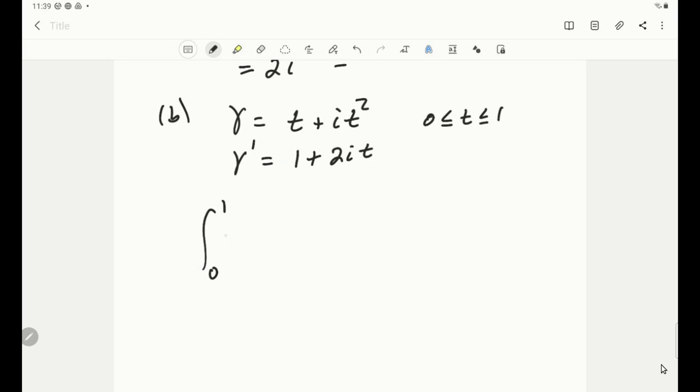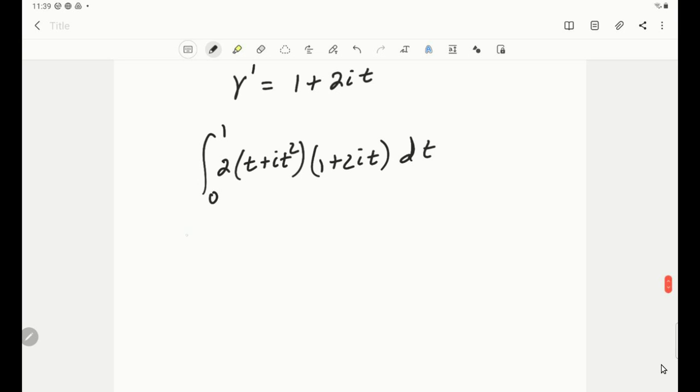And we had 2z, so this is 2 times t plus i t squared times 1 plus 2it dt. So I'll factor that 2 out. It's 2 integral 0 to 1. Multiply this stuff through: the 1 times that stuff, I get t plus i t squared.